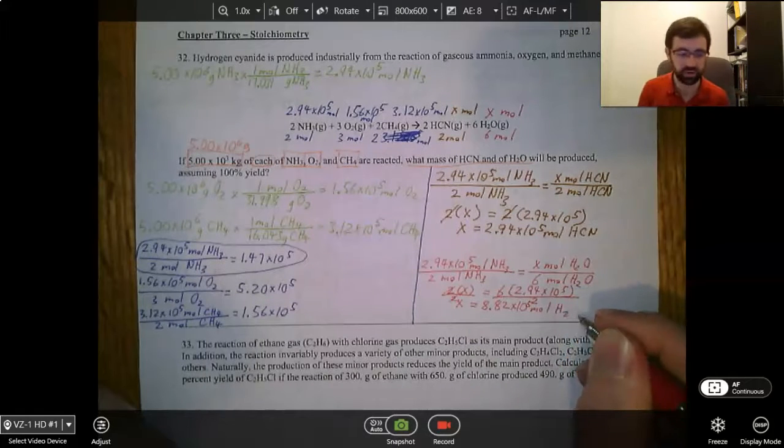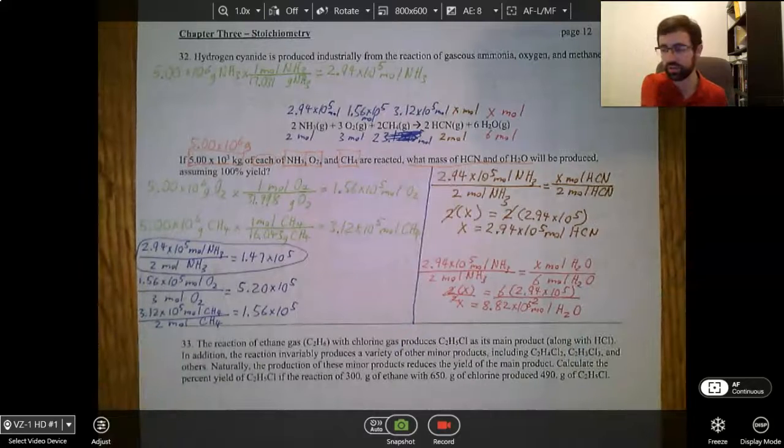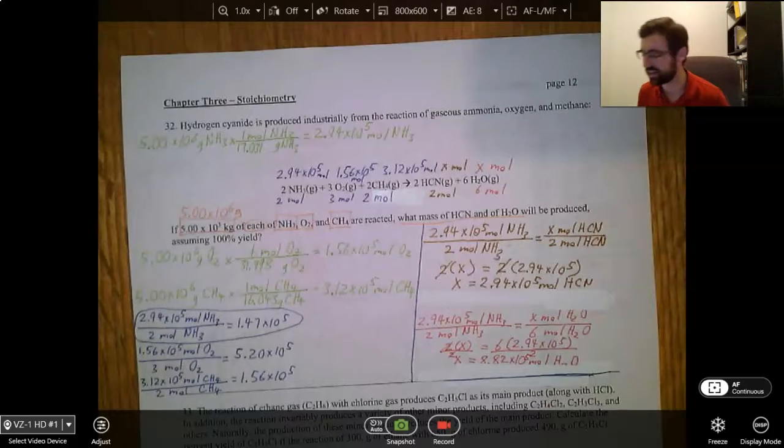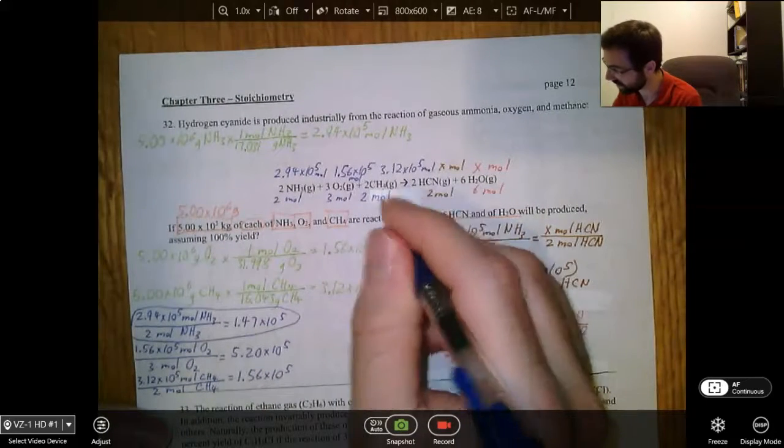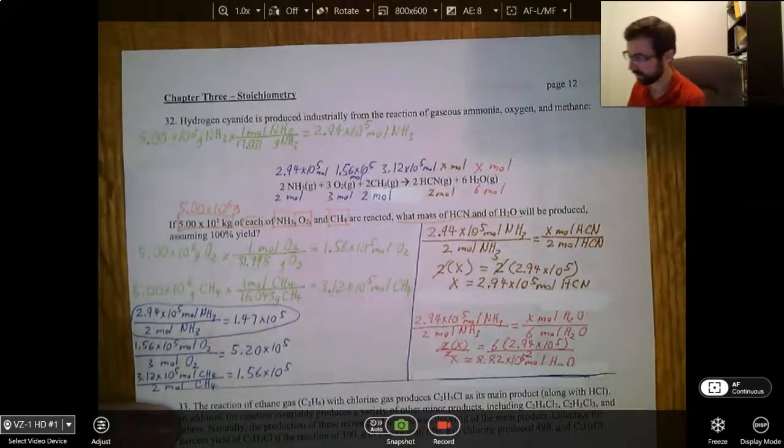Okay, now we need to turn it into grams. We need to do that for both of these. I just ran and got some white out because some of the typos were bothering me. You got 2 moles right there, and then we're just going to find the number of grams down here.